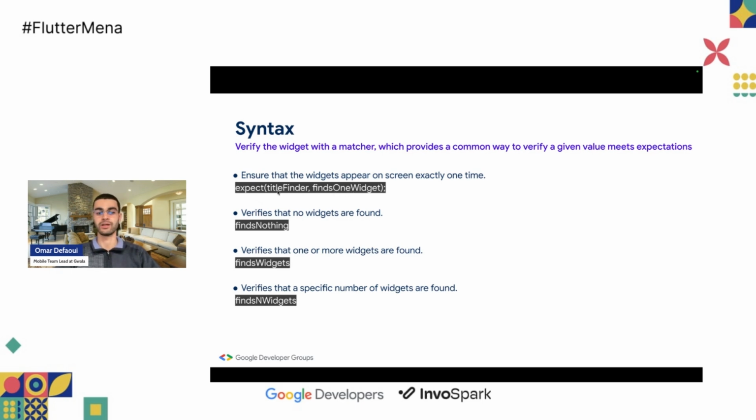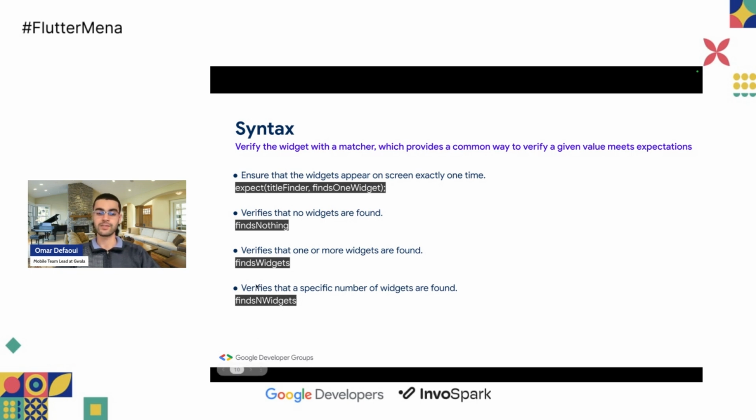Then if, for example, we don't expect to find this widget, we should say finds nothing, and we have finds widget. This one is to check if we find at least one element or more elements, and finds n widget. For this one we pass a third parameter, which is the number of widgets that we should find with the finder.